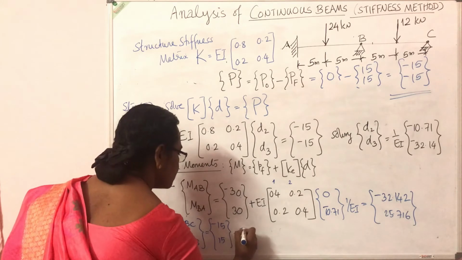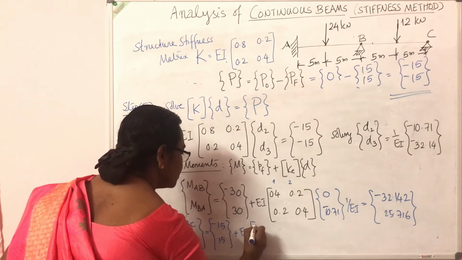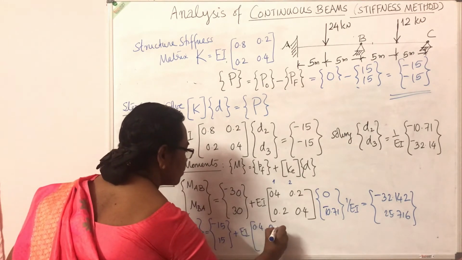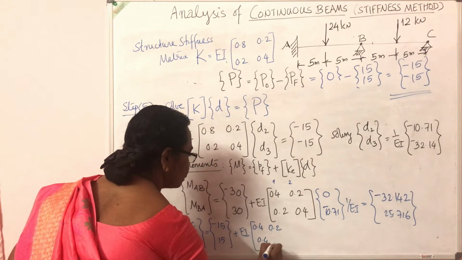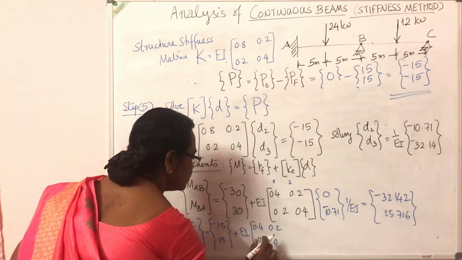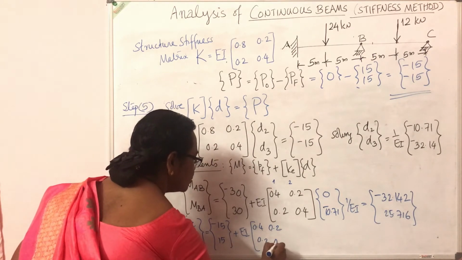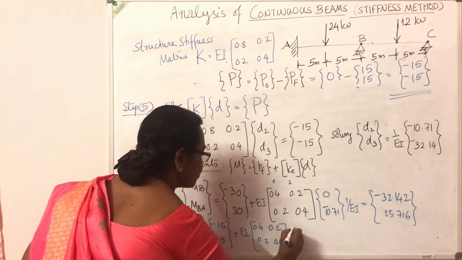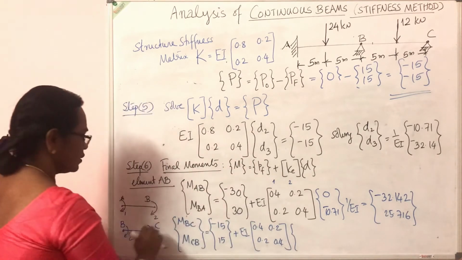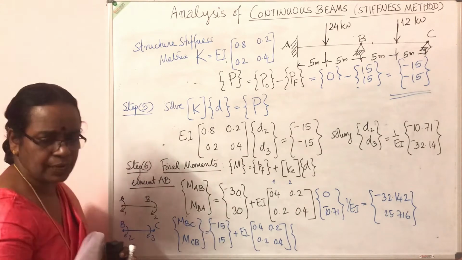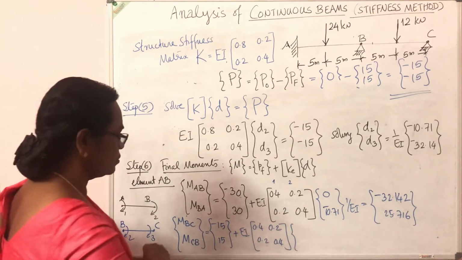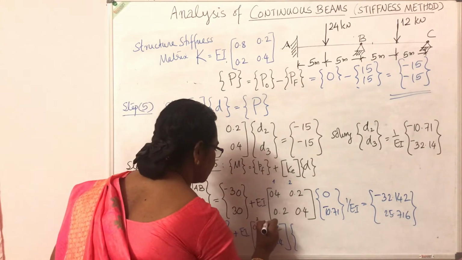The stiffness matrix was EI into 0.4, 0.2, 0.2, 0.4, into the numbers at the top for that element, which were 2 and 3.